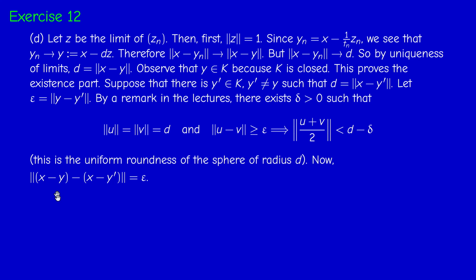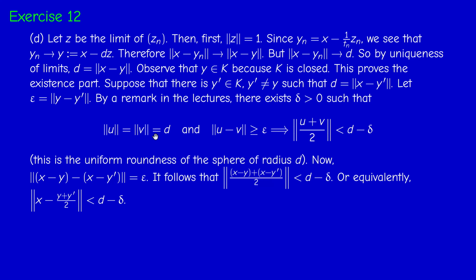Now, the norm of y minus y prime is also equal to the norm of x minus y prime, because these two cancel. And of course x minus y and x minus y prime are both on the sphere of radius d. Therefore, according to this condition, the norm of the midpoint is less than d minus delta.